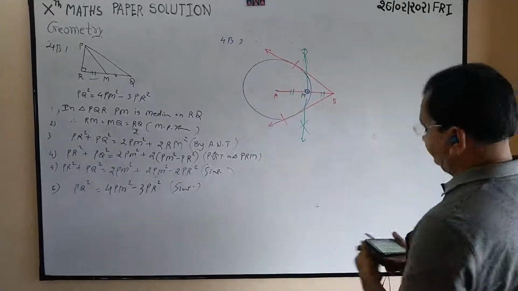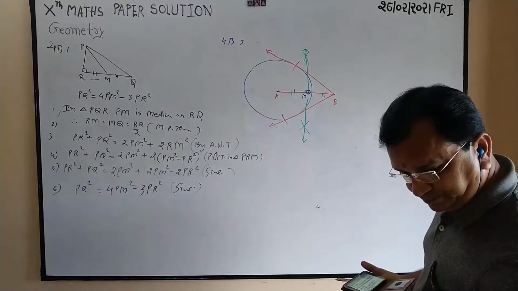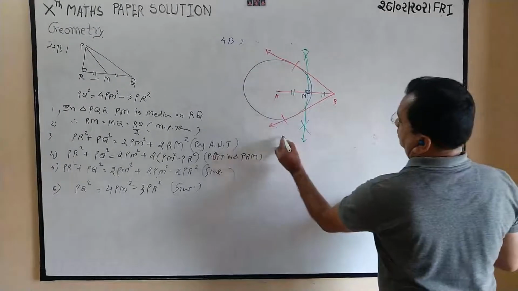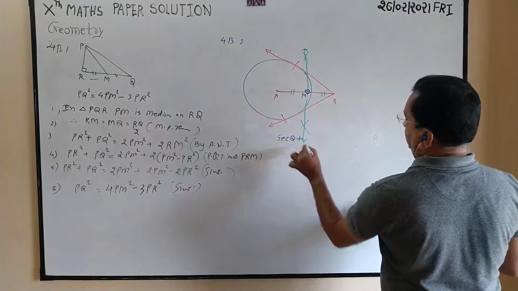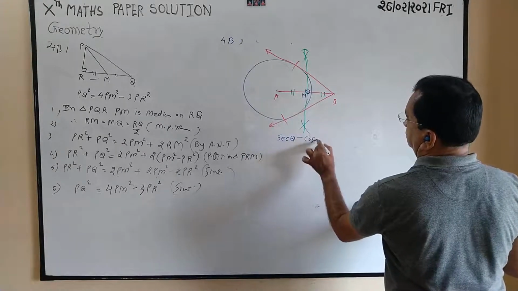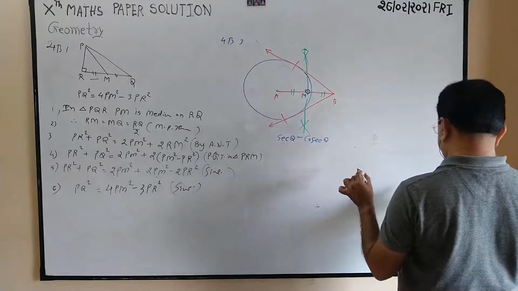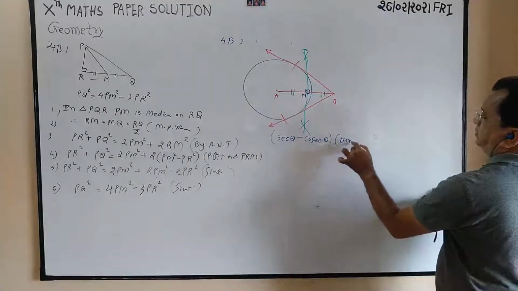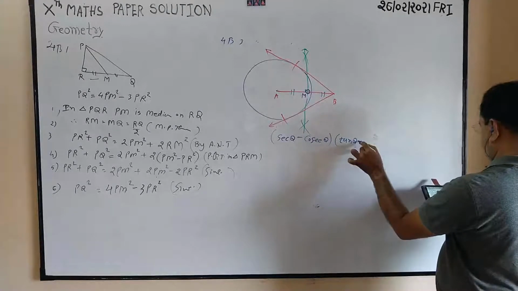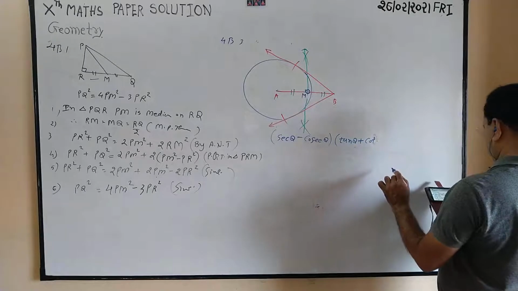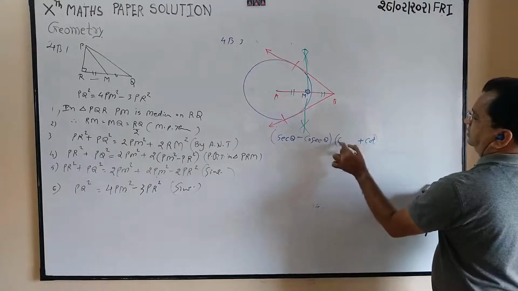Next, sec theta minus cosec theta, tan theta plus cot theta plus tan theta.